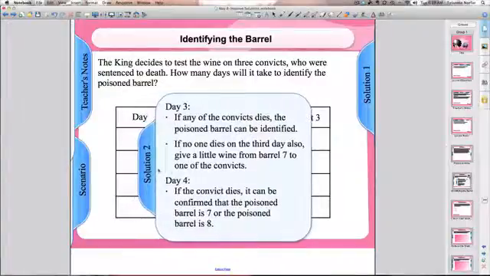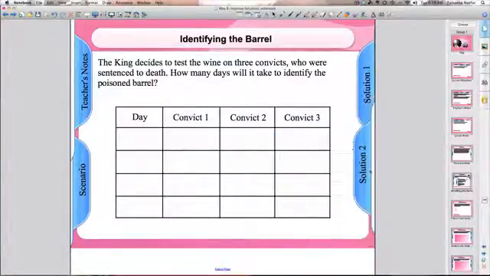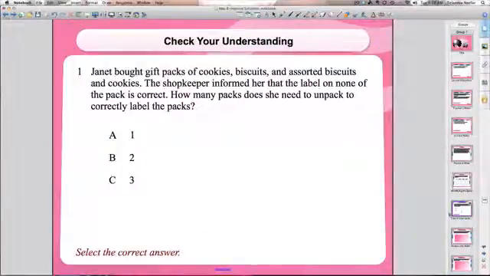Good job if you analyzed and discovered that it'll be 4 days. So let's check our understanding. Again, pause the video until everyone has answered. Then you can click on which one you think is the answer to discover the right one.